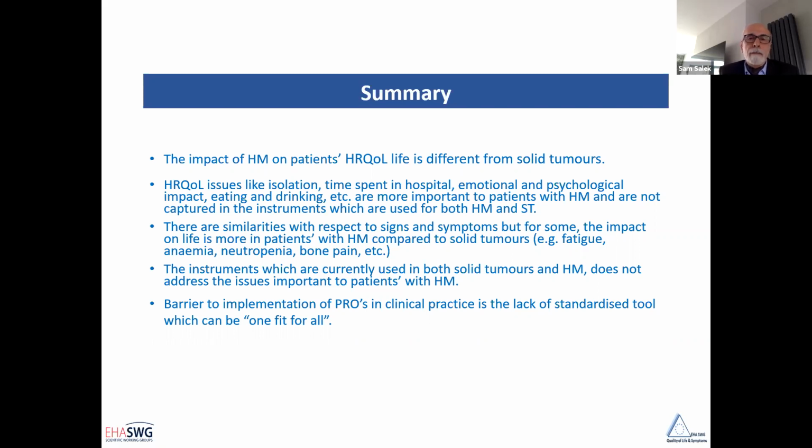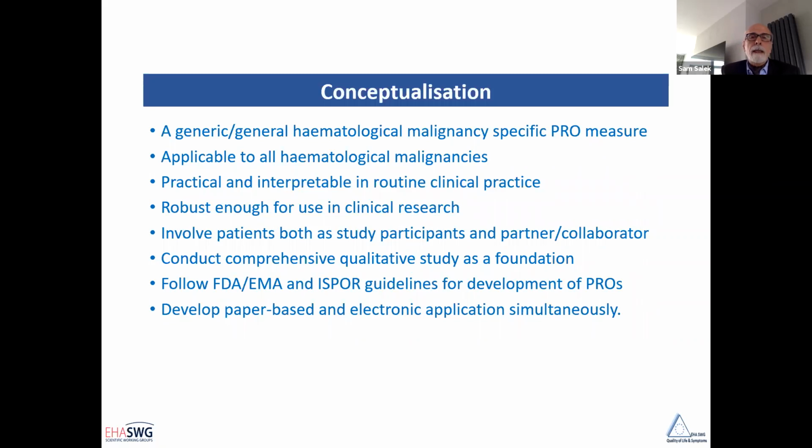Next slide, please. So based on the information that we found during the systematic review, which was very much involved, I don't want to bore you with the detail, but it's very much evidence-based, we were able to develop our concept.